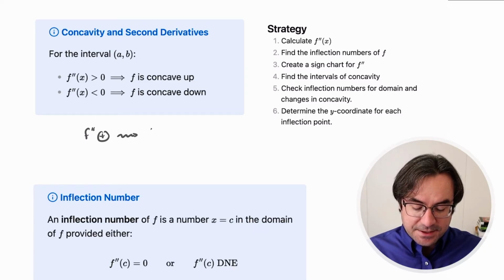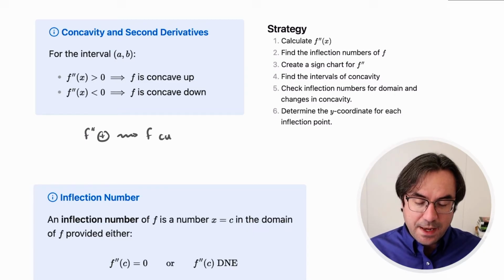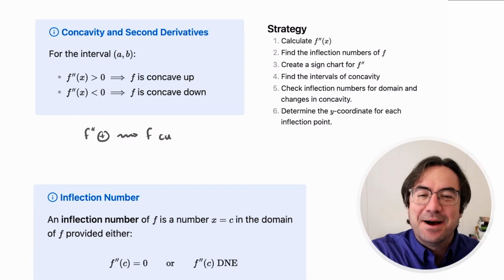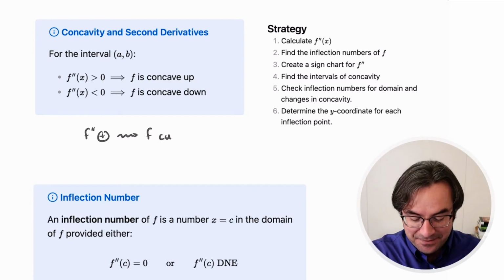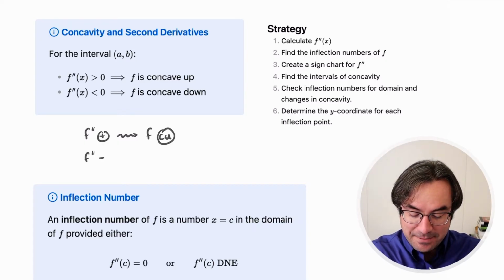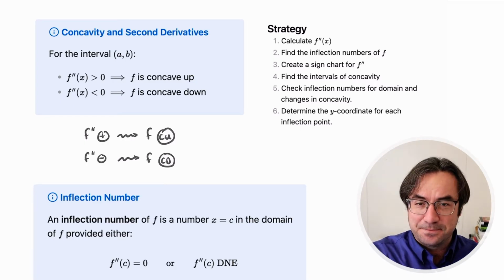And if that's the case, then we'll be able to conclude that f is concave up. And if f double prime is negative, we'll be able to conclude that the original function is concave down.